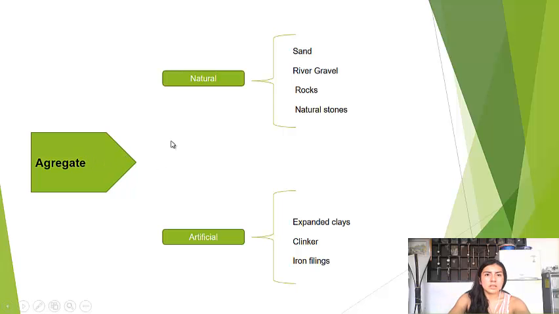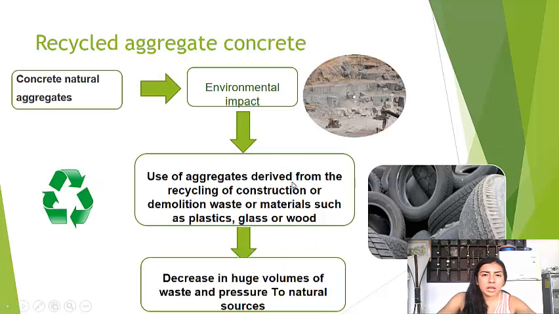Aggregates are natural or artificial, and natural aggregate has an environmental impact due to the pressure on natural sources. Aggregates derived from recycled construction or demolition waste, or materials such as plastic, glass or wood, could be a solution. For example, there is research about concrete with tire rubber.